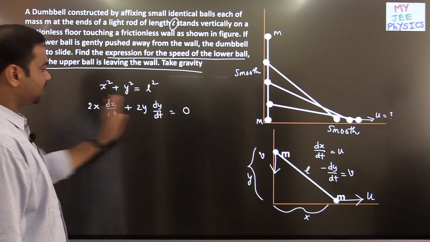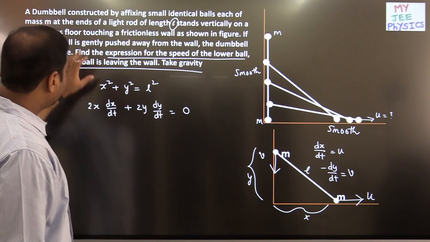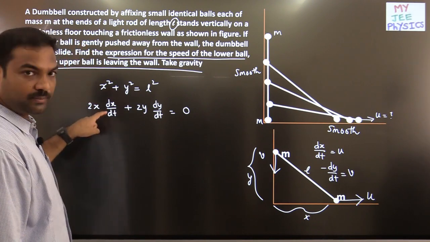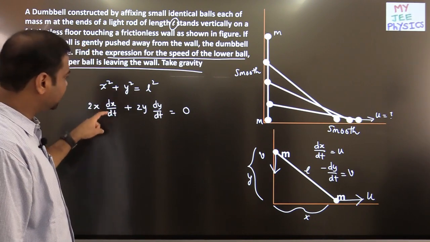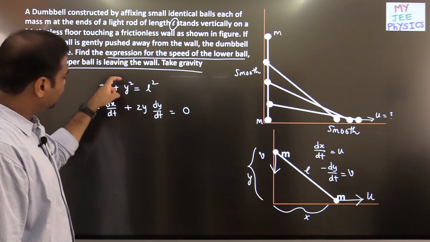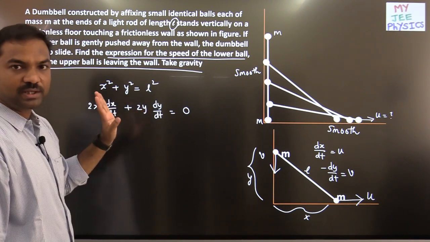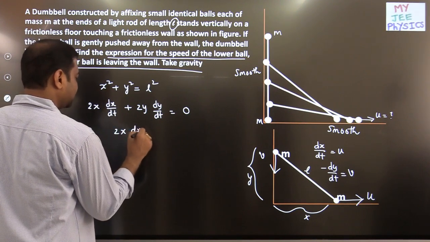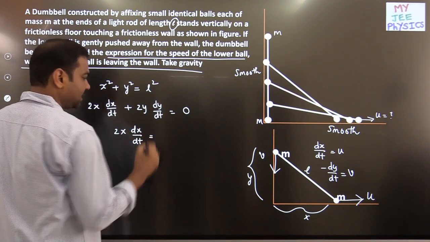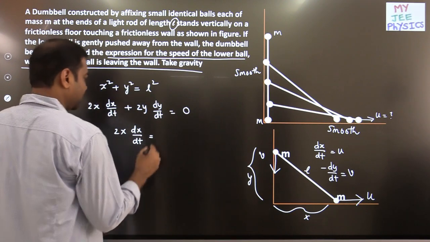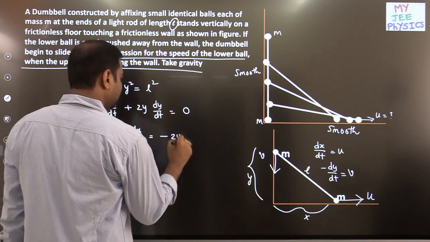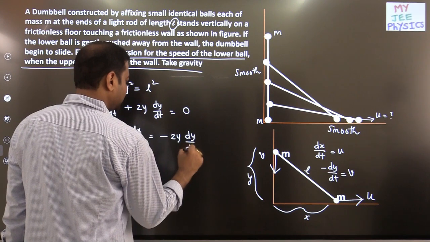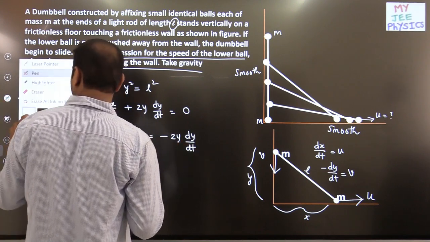So 2x into dx by dt is equal to minus 2y into dy by dt, which gives the relation between v and u. We know that 2 will cancel out, right?